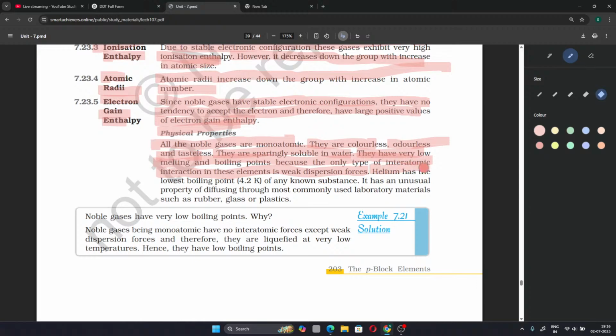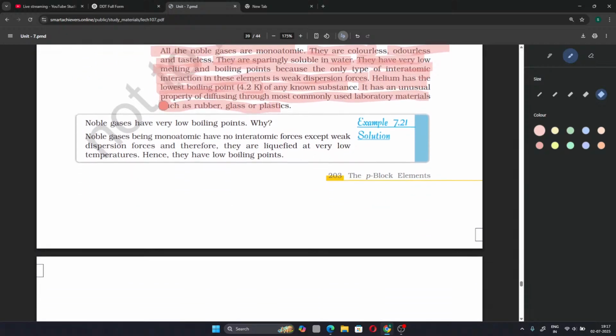Helium has the lowest boiling point of any known substance, which is 4.2 Kelvin. It has an unusual property of diffusing through most commonly used laboratory materials such as rubber, glass or plastic.